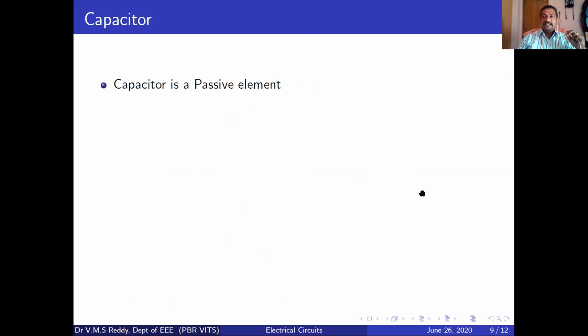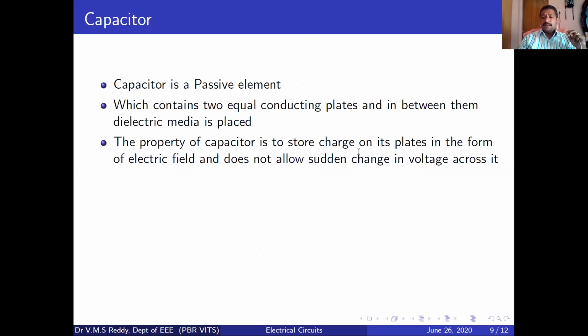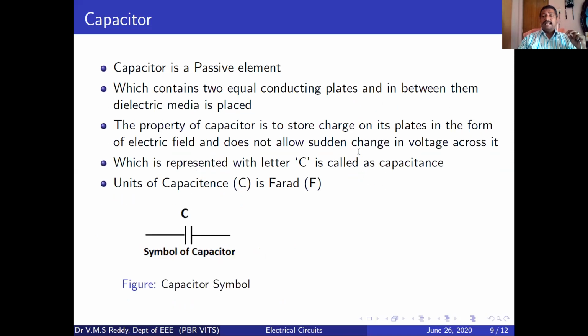Now we will continue with the last element, the capacitor. What is a capacitor? Basically, a capacitor is a passive element, but how is it made? Already I explained how an inductor is made: a conductor wound into a coil structure becomes an inductor. In a similar way, how can you make a capacitor?